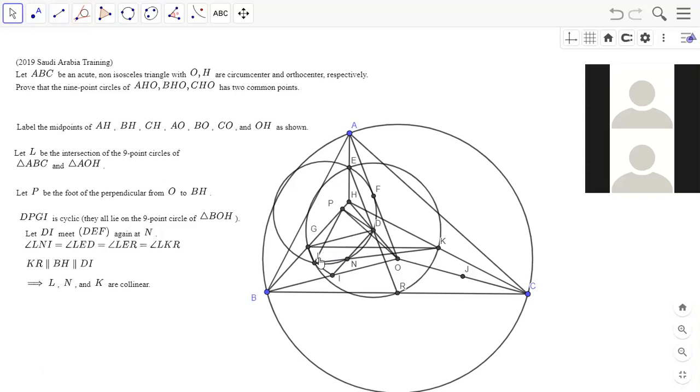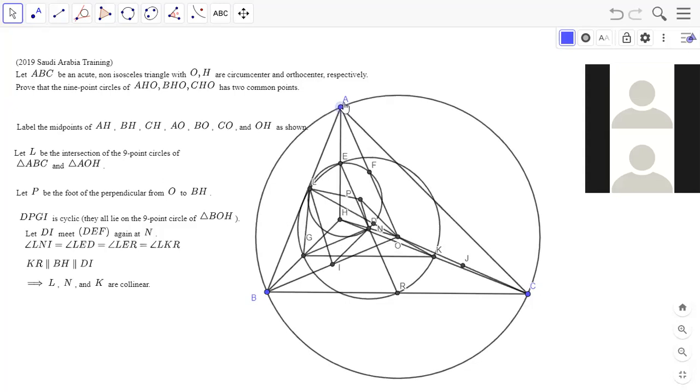So DPL is the same as DPO plus, let me think about this. So we can calculate PLI is PLK plus KLI. Is LIN isosceles? No.